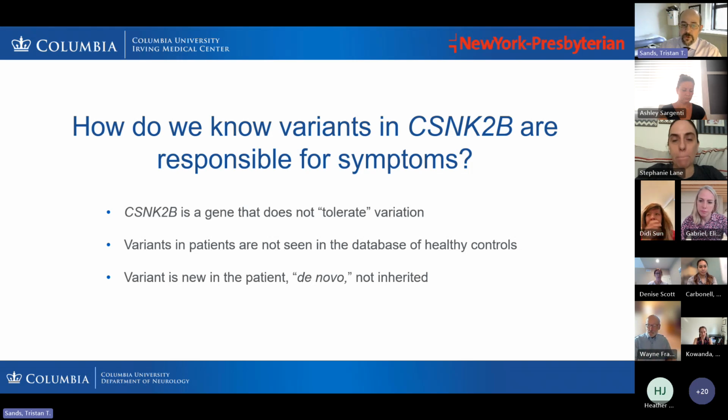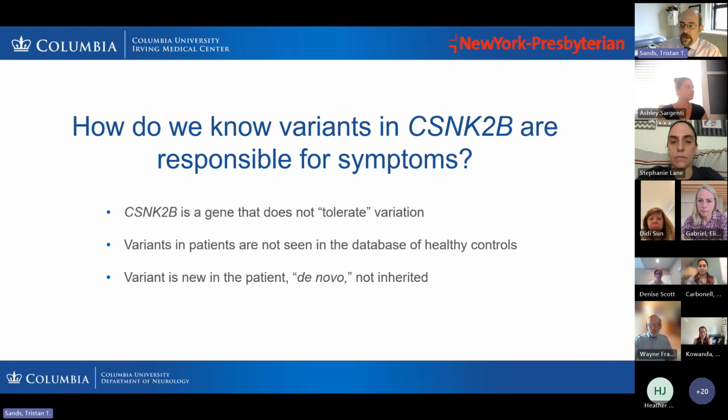They're highly conserved, is what we say, even to other types of animals. And that's because the genes do something so fundamentally important that it's critical that they be exactly like they are, and they really can't change. And CSNK2B is one of those genes.